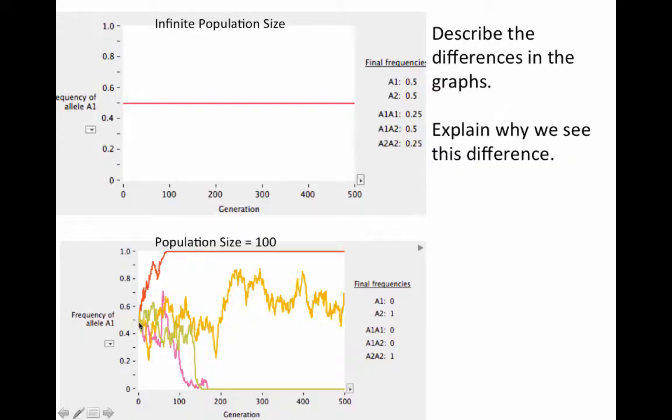So over time, with a small population size, you get alleles going to either fixation or extinction. And infrequently, you'll get them by random chance sticking around in the middle here, but notice how jagged the peaks are here. There's lots of fluctuation.